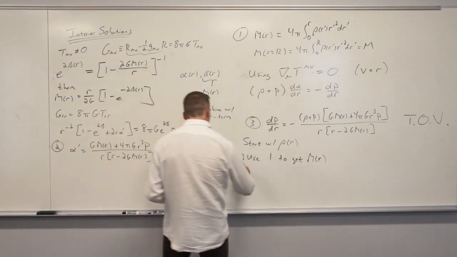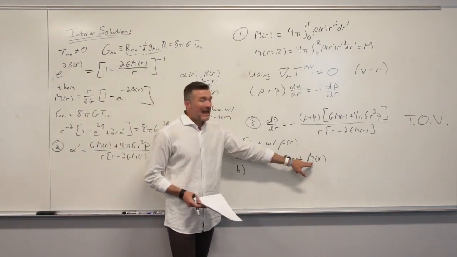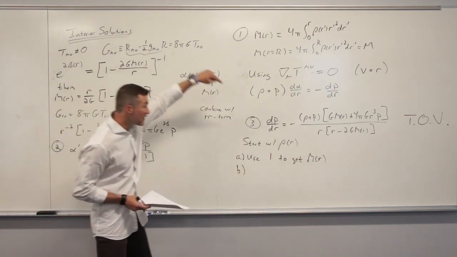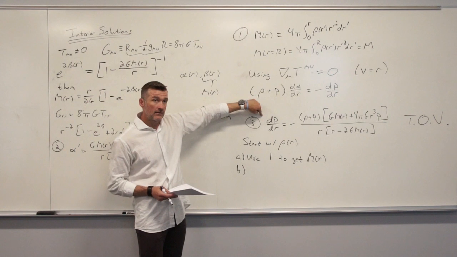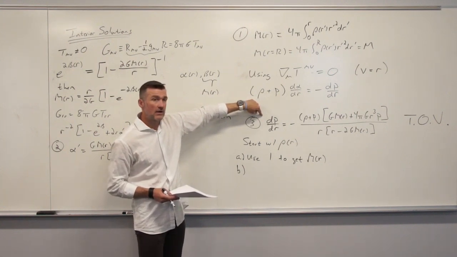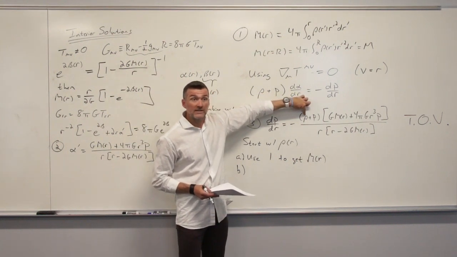Okay? The next step, now that we have m, we can go to this equation and now squint your eyes and look at the knowns and unknowns. The mass density, we know, that's what we start with.